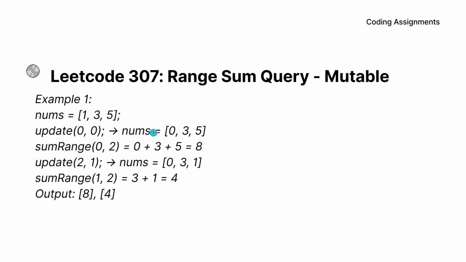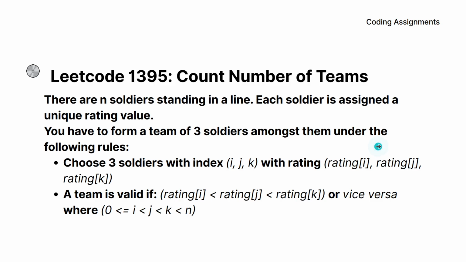That means we take the sum of indices from 0 to 2, which is 0 plus 3 plus 5 equals 8. And then we update 2, 1, and the nums array will be 0, 3, and 1. We call function sumRange 1, 2. We take the sum of 3 and 1, which is equal to 4. And the output that we want is 8 and 4.